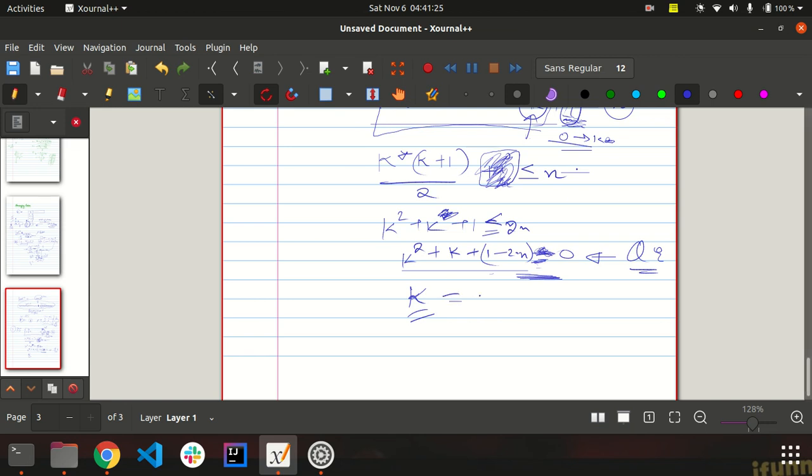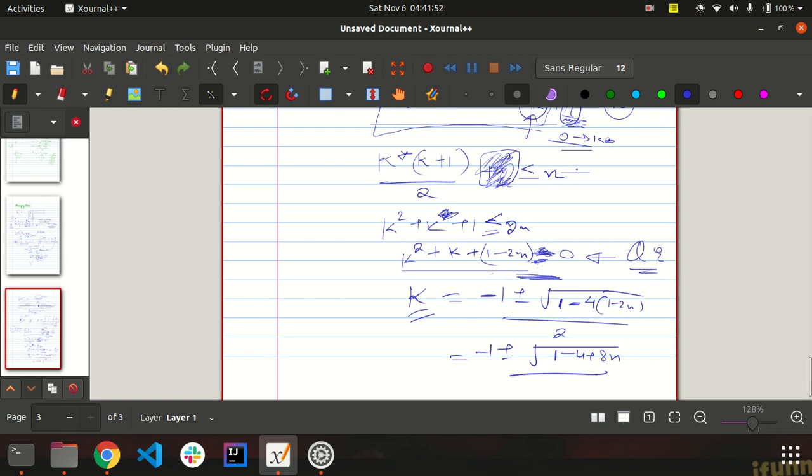So k would be minus b plus minus the square root of b square minus 4ac upon 2a, that is minus 1 plus minus square root of 1 minus 4 times 1 minus 2n, that is 1 plus 8n, correct, upon 2.